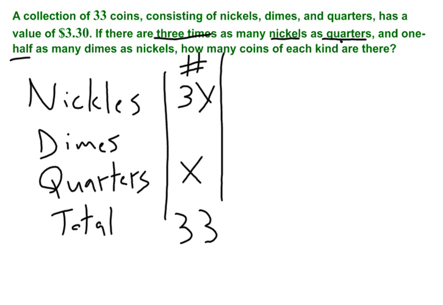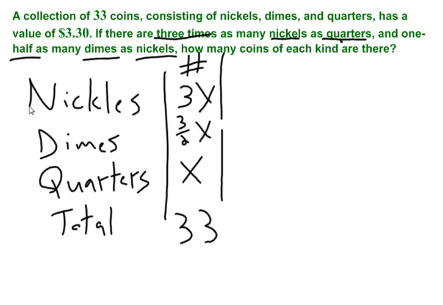There are 1/2 as many dimes as nickels, so that is 1/2 of 3x. And of course we could simplify that and say it's 1.5x or 3/2x. Fractions are sometimes nice, so I'm going to write it as 3/2x. But we could think of it as 1.5x as well.